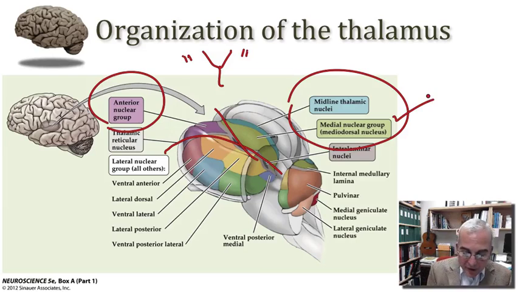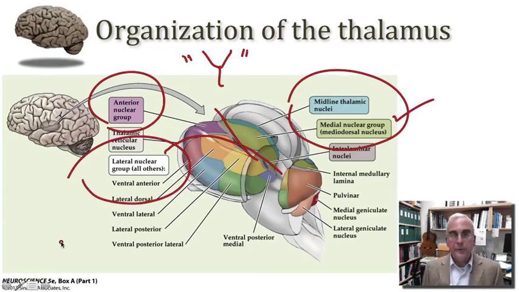Now, on the lateral aspect of the thalamus, we find most other cell groups that are going to be of interest to us in this course. These include a variety of nuclei that project to the somatic sensory regions of the parietal cortex, the visual regions of the occipital cortex, the auditory structures in the temporal cortex, and even the motor structures in the posterior part of the frontal lobe.